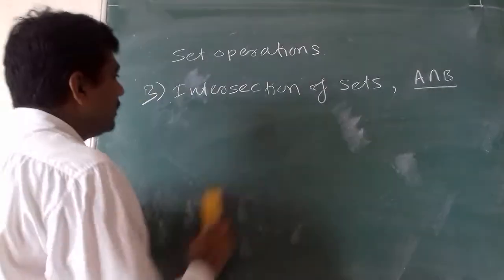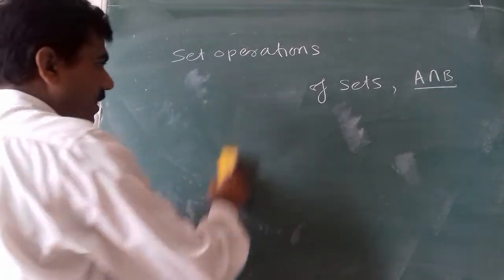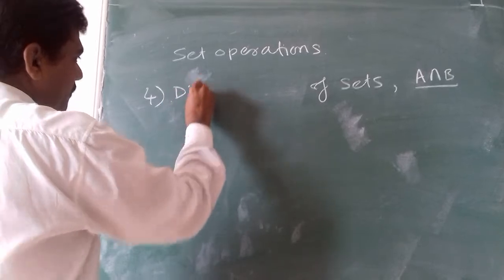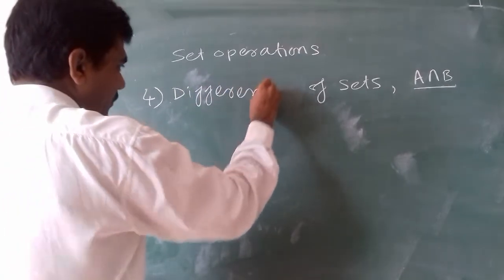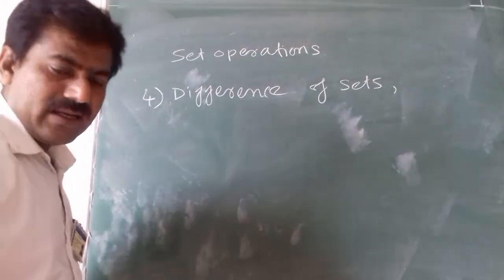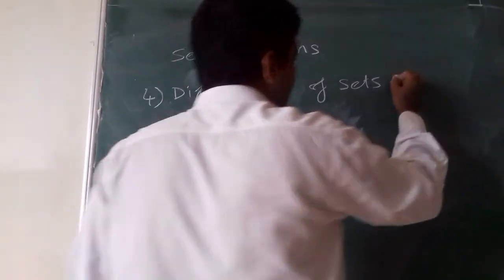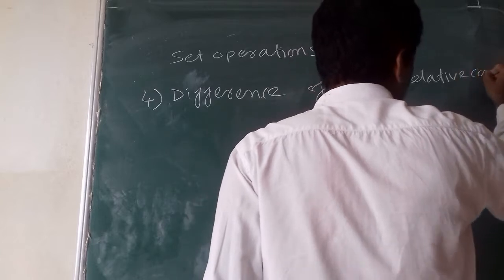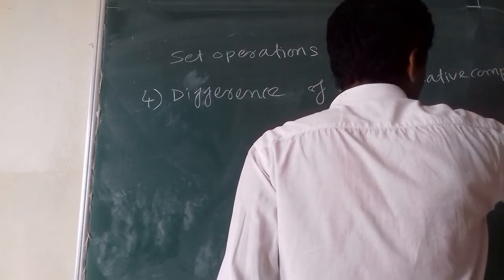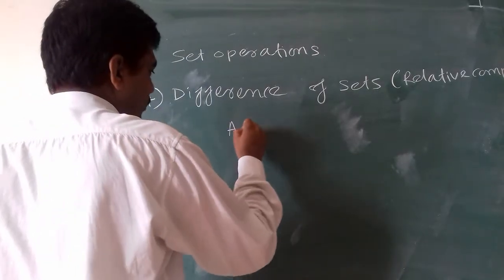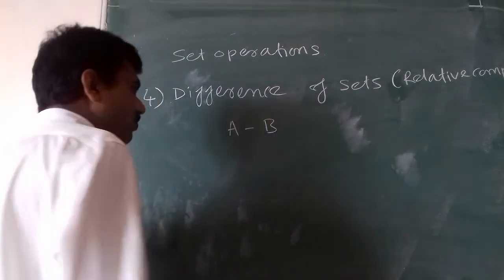That is the difference of sets. Difference of sets is also termed the relative complement, and it is denoted by A minus B, where minus is the sign to show the difference.